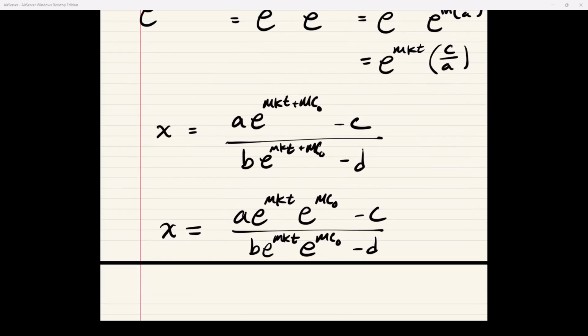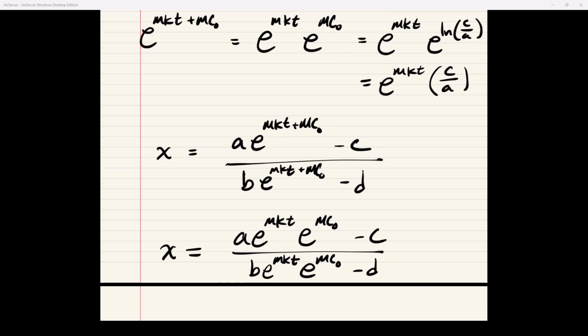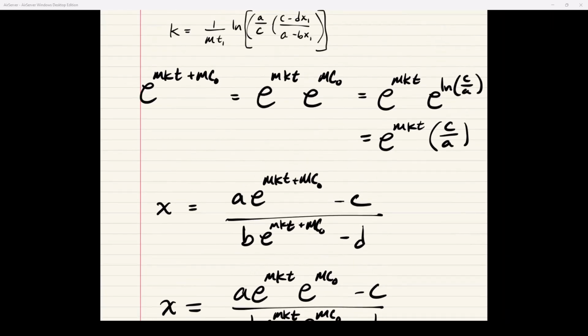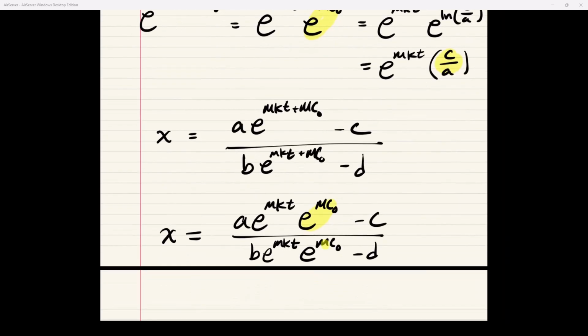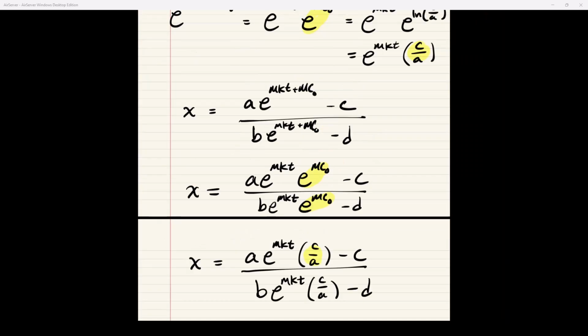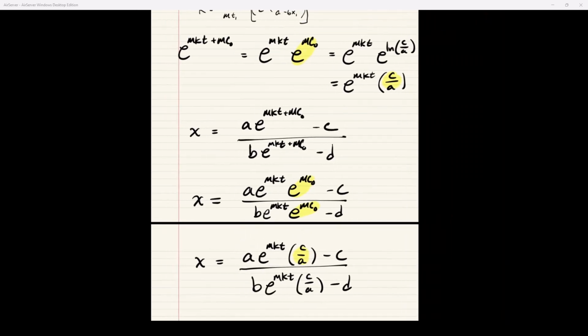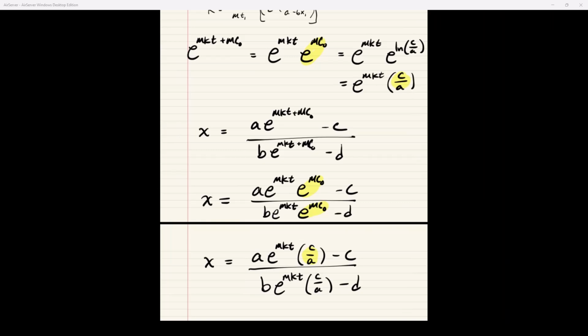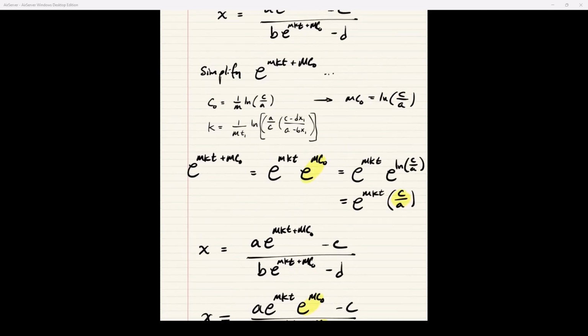And I think we'll just say look at this guy right here. That's just c over a, right? So let's just simplify it that way. So x is a e^(mkt) times c over a, because that e to the mc naught works out to be e to the ln of c over a, so just c over a.